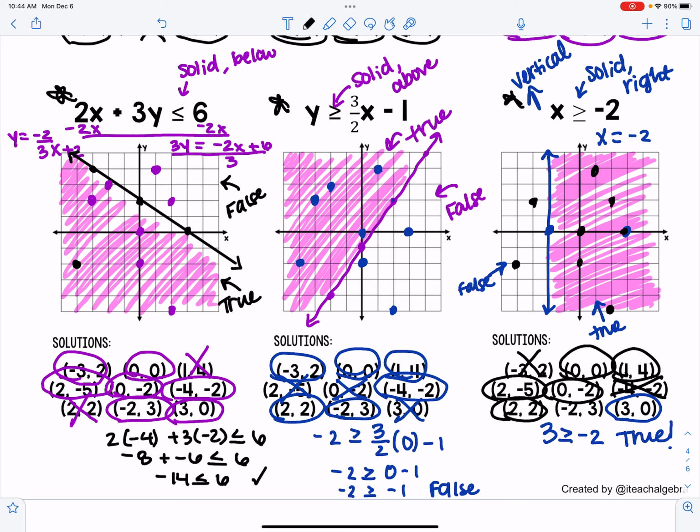And finally, -2, 3, that's one that's on that line, but it's a solid line, so I can use that point. And that was our homework.